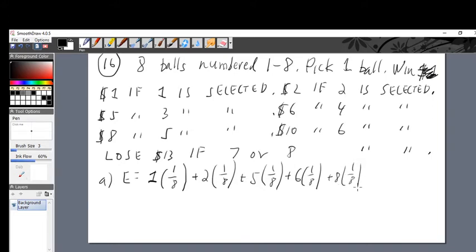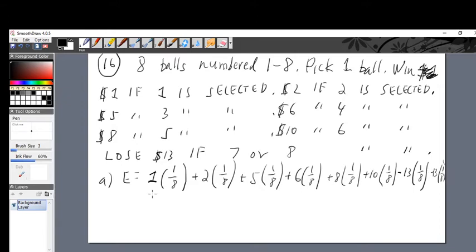If you pick a 6, $10, 1 out of 8 chance. Now here's the twist. Watch it. Be careful. Minus 13 if you pick a 7, 1 out of 8 chance, and then minus 13 again, 1 out of 8 chance, if you pick an 8. Minus 13 times 1/8.